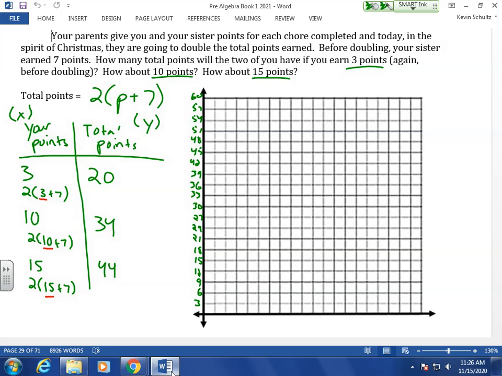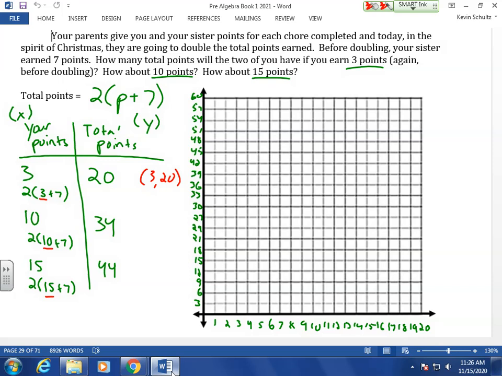And I think we're going to count by 1s: 1, 2, 3, 4, 5, 6, 7, 8, 9, 10, and so on and so forth, out to 20.